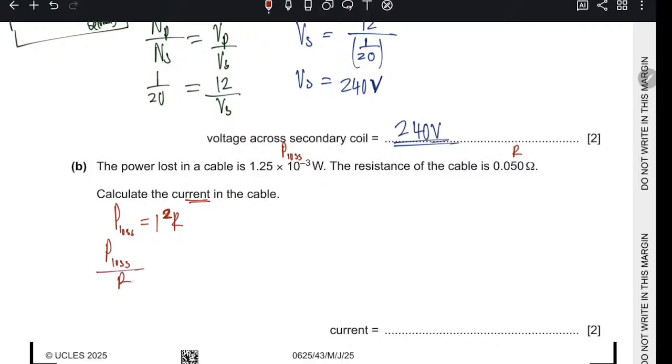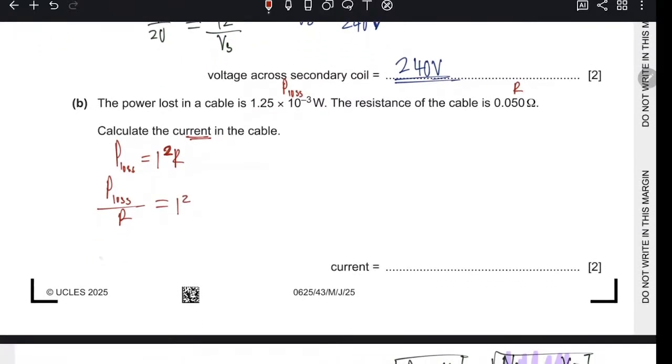What is I? It is the square root of power loss, 1.25 times 10 to the negative 3 watts, divided by 0.050 ohms. Then you say square root. So can somebody punch this? Put your square root sign, open bracket, 1.25.